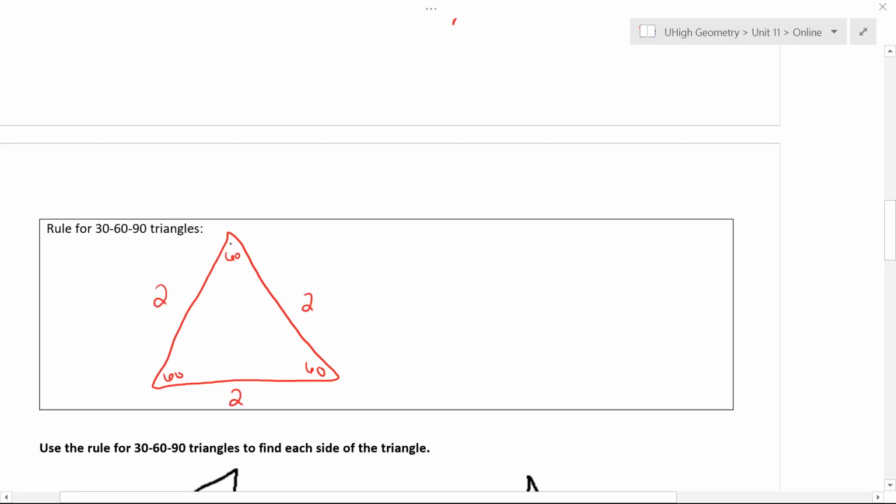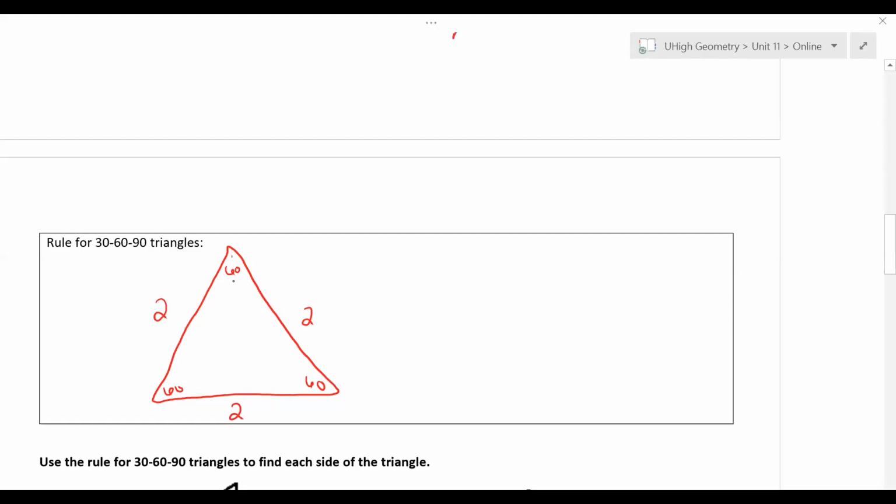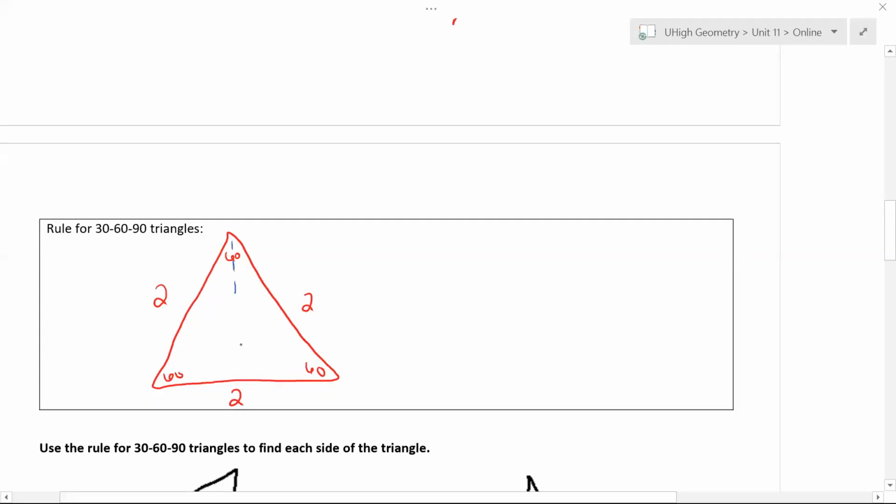I could take this equilateral triangle and I could split it in half using my height or my altitude here. And if I split it in half and use that perpendicular bisector, then I know my base is going to be split up into 1 and 1.